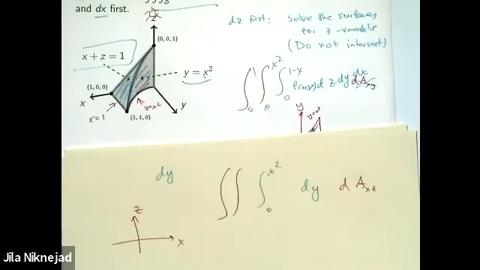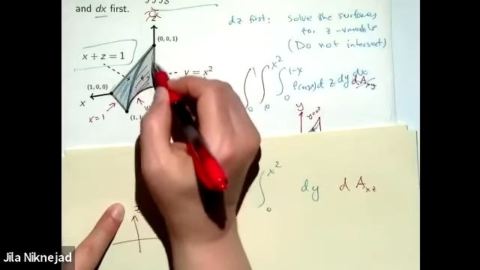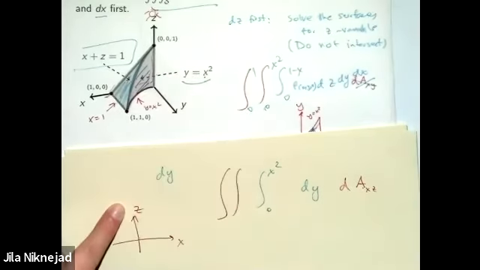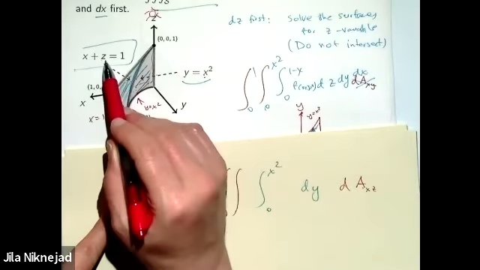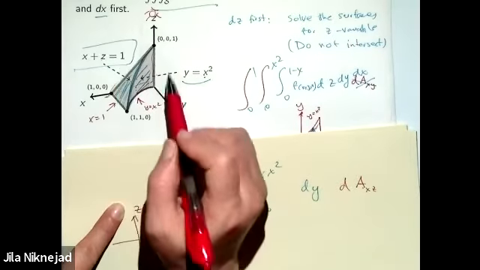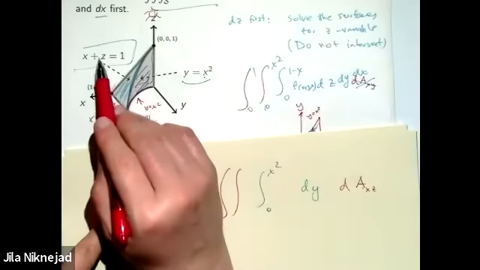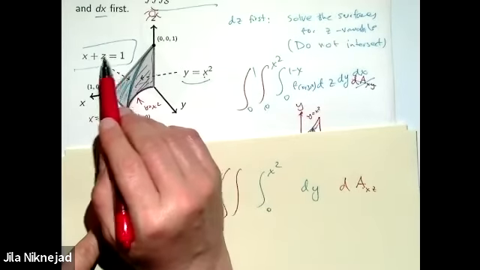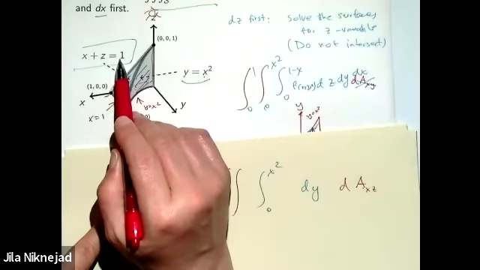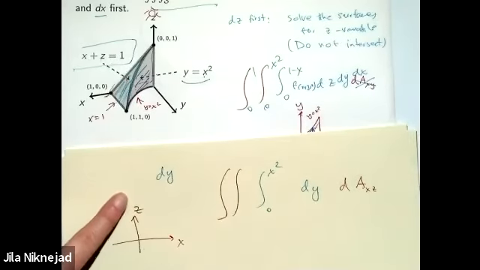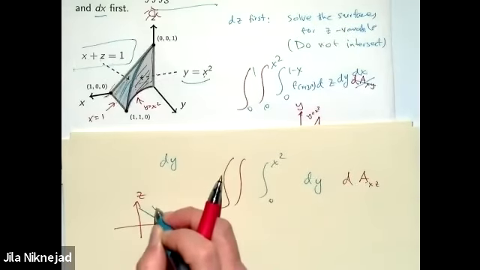So I set x plus z equal to 1, intersect that with y equal to 0, but since there's no y in there, it's just x plus z equal to 1.